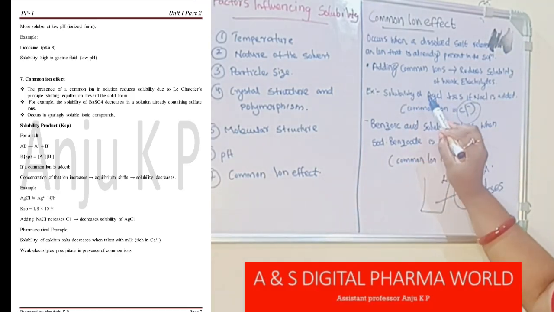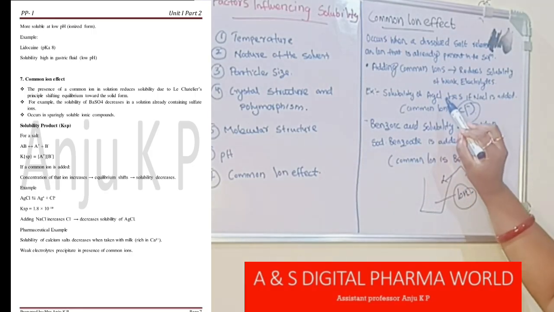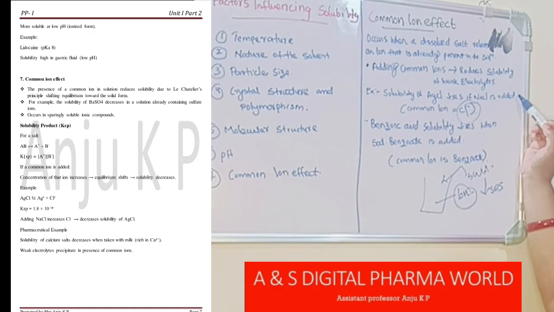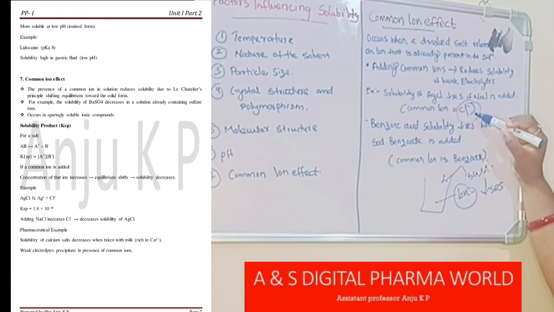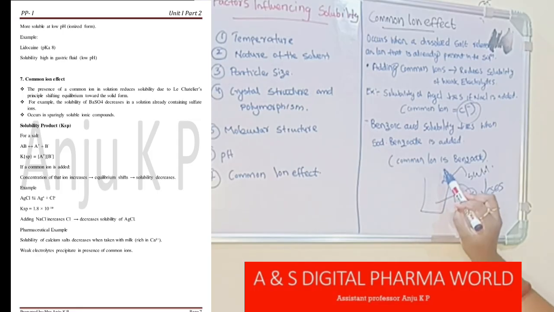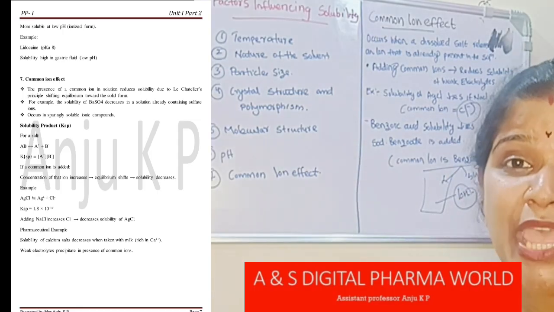Next case, benzoic acid solubility will decrease when you add sodium benzoate, so the common ion is benzoate. This is what the common ion effect is.